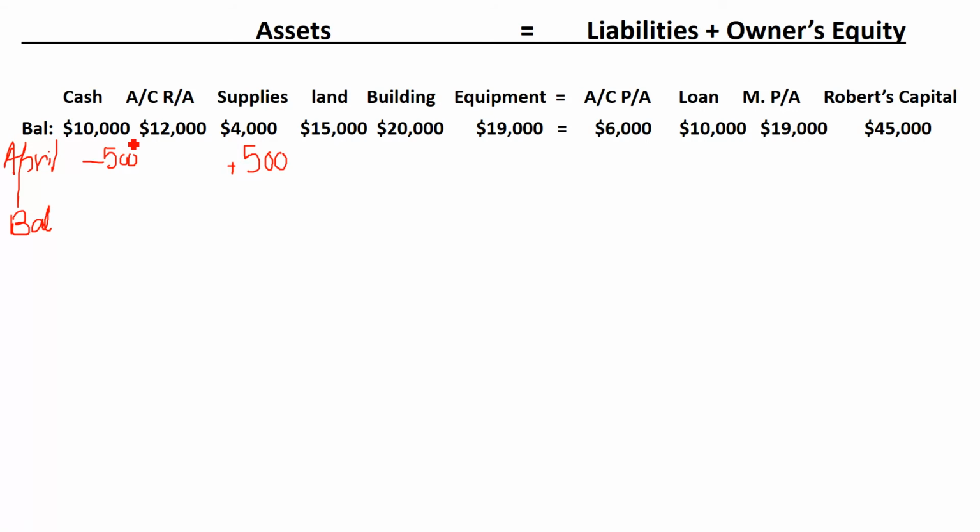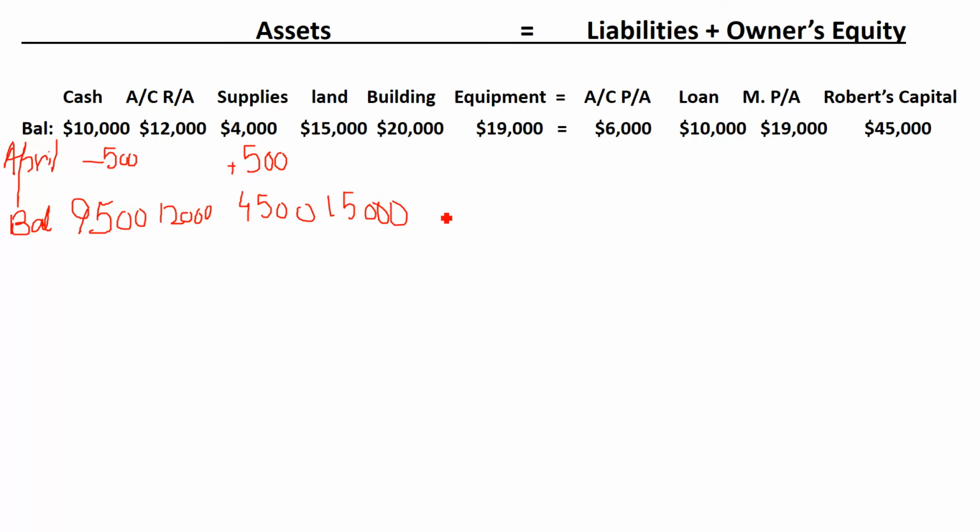The fourth point is whether your accounting equation is balanced or not. So see, 10,000 minus 500, now we have 9,500 remaining in the cash account. We have 12,000 in accounts receivable, because this transaction does not affect accounts receivable. Supplies now we have 4,500. Land we have 15,000, no effect with land.